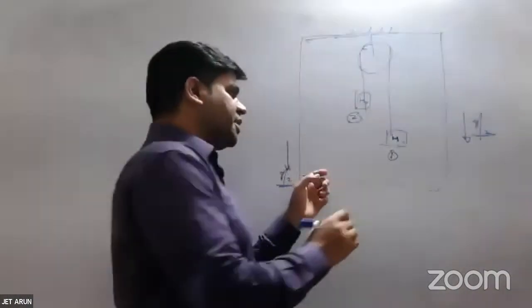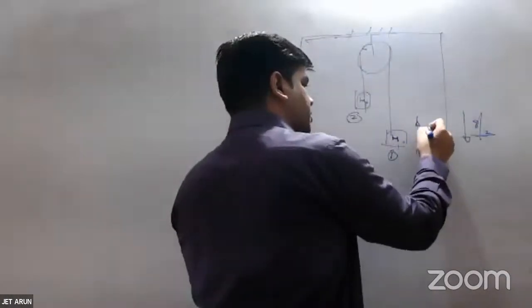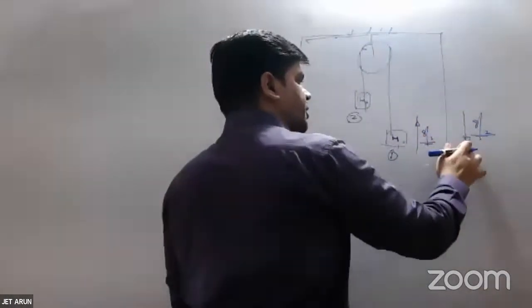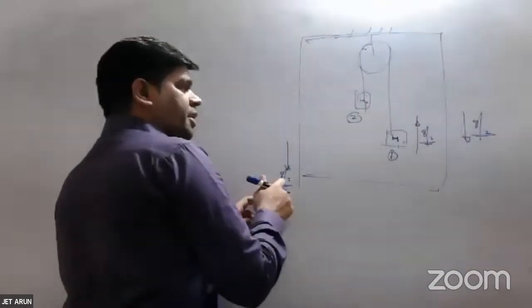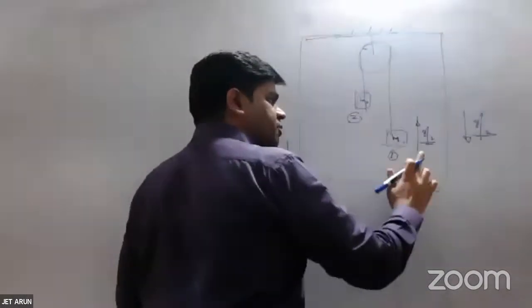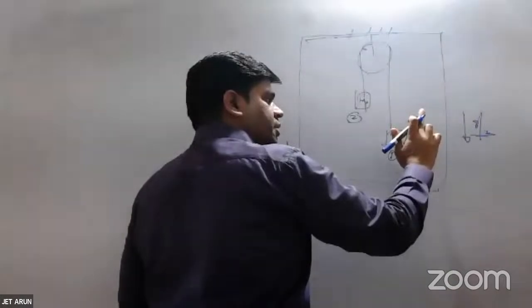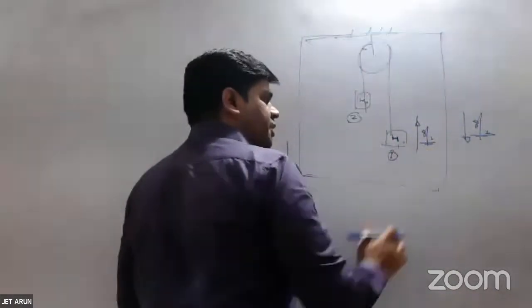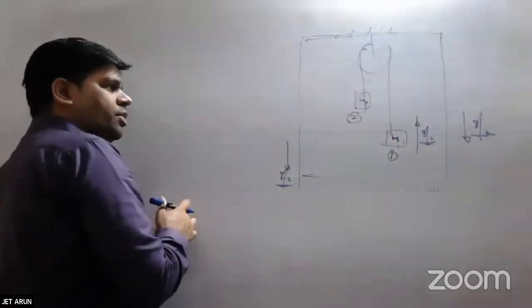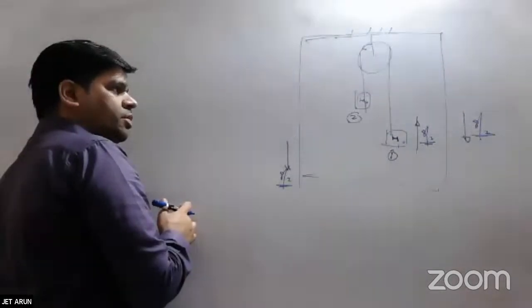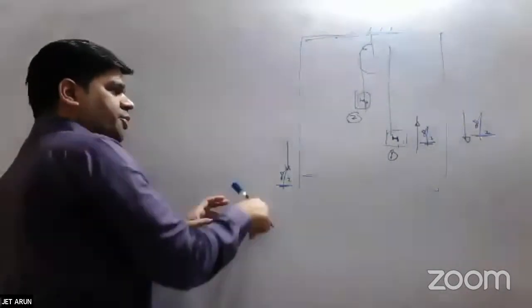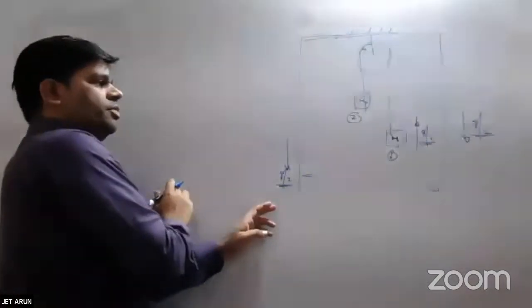That means with respect to lift, its acceleration is supposed to be g by 2 upwards. Because acceleration of the lift is g by 2 downwards, acceleration of the particle with respect to the lift is supposed to be g by 2 upwards. Do you all agree with that? Only then the net acceleration with respect to ground will be 0. Yes. G by 2 minus g by 2 is 0.